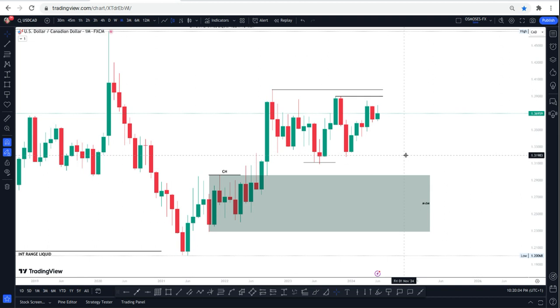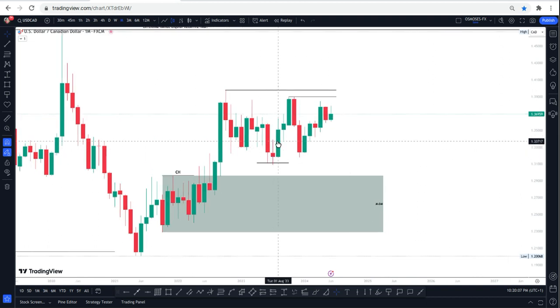So in the monthly, when we have this sweep, price still came back to the sweep. Price pushed.